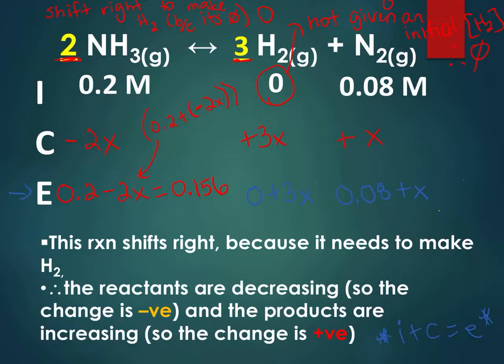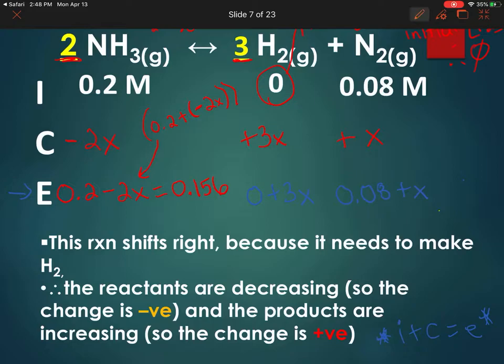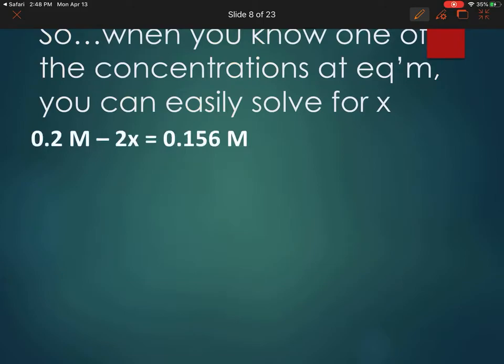Okay, and now we have this little expression here that we can use to solve for x. So when you know one of the concentrations at equilibrium, you can easily solve for x. So this comes from the E line.